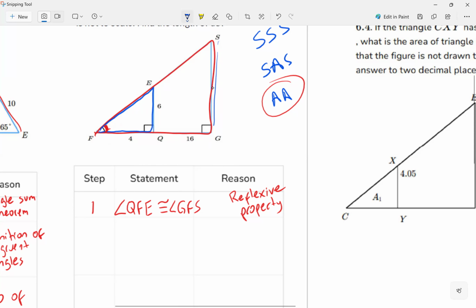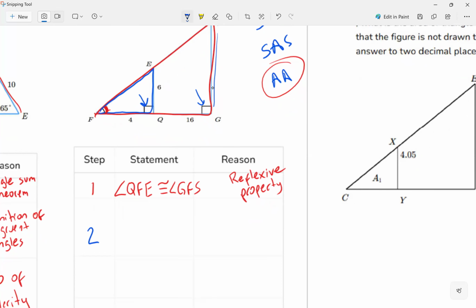Another rule that I'm going to use, let me change this to blue so we don't get confused. I see 90-degree angles. I see this angle's 90 and this angle's 90. So I'm going to say angle FQE is congruent to angle FGS, and I'm going to call this the right angle theorem.